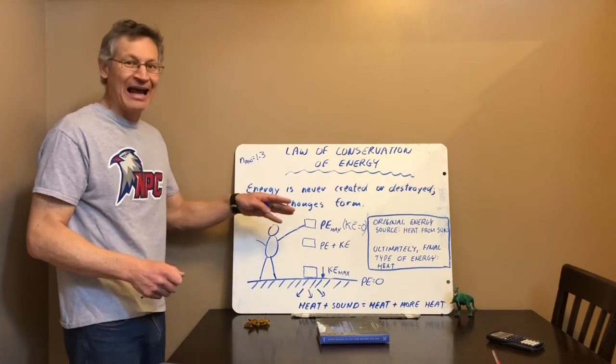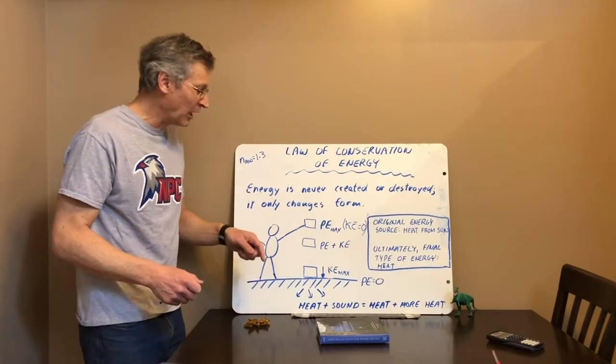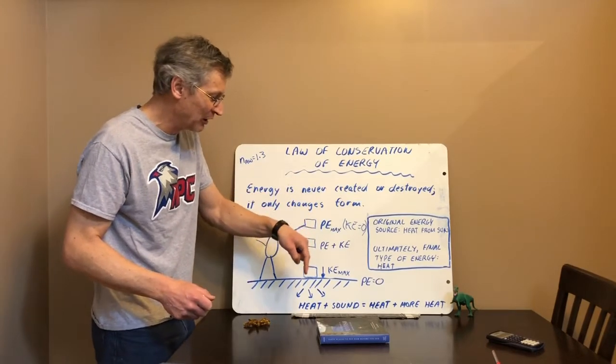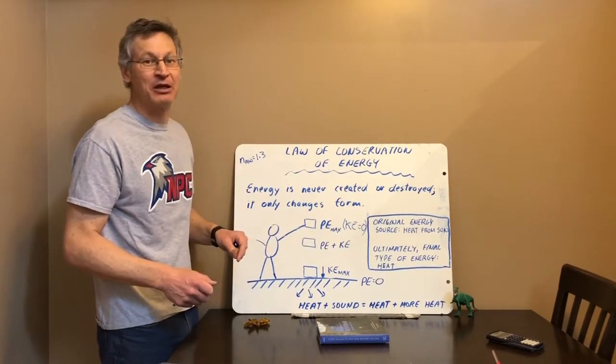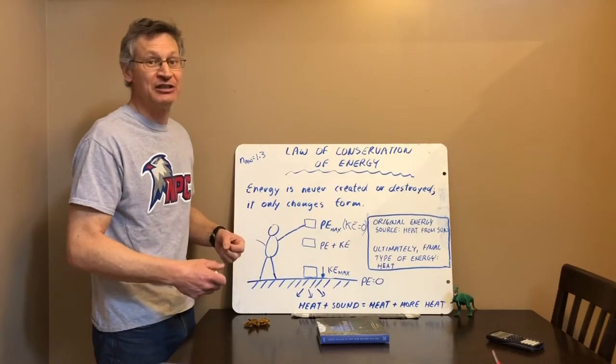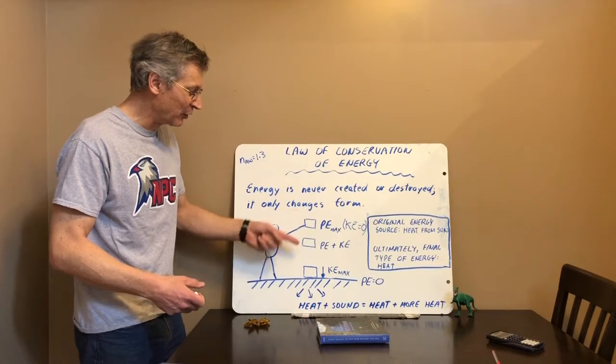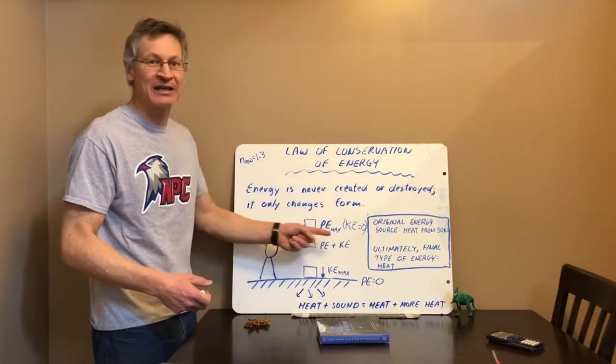And of course, as the book falls, the gravitational potential energy is getting smaller, the kinetic energy is getting bigger. In other words, the potential energy is changing to kinetic energy. So as it's falling, it's got various combinations of potential and kinetic energy.